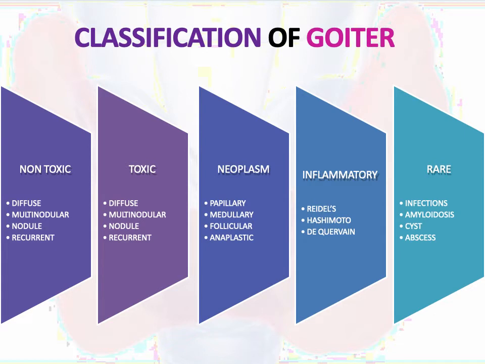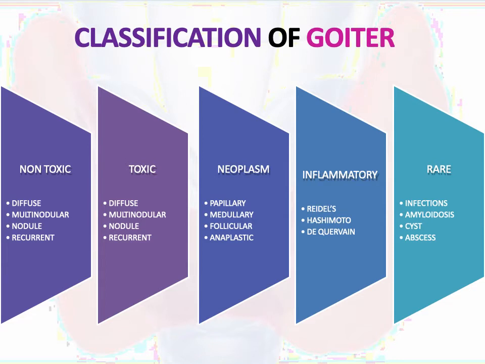And there is neoplasm, there may be malignancy, it may be due to inflammation, and rarely due to infection or amyloidosis or cyst or abscess, there is also a goiter. But the usual conditions are: inflammatory like Riedel's, Hashimoto's, de Quervain's, and neoplasm like papillary, follicular, medullary, anaplastic.